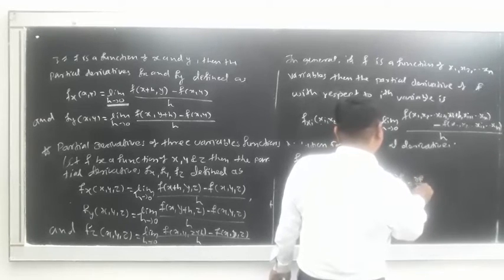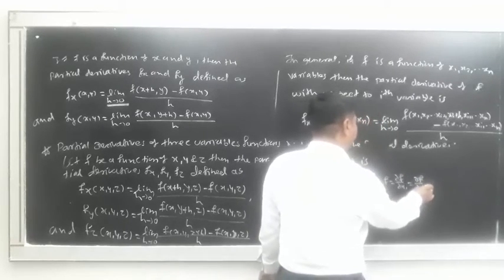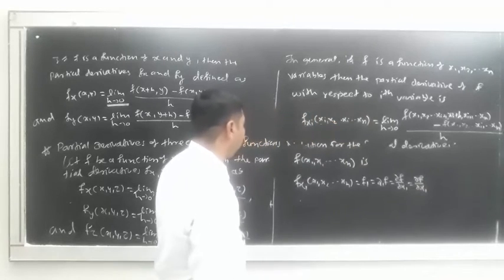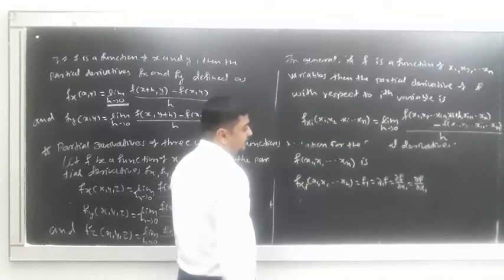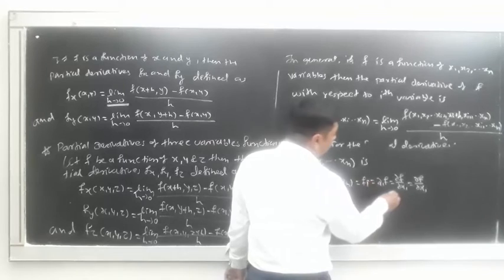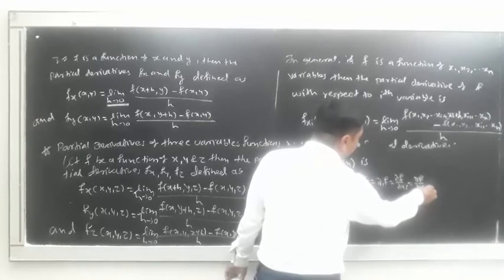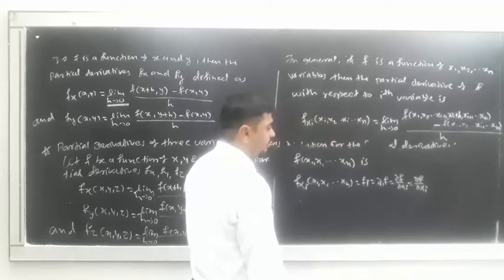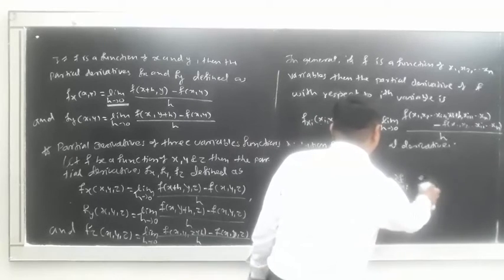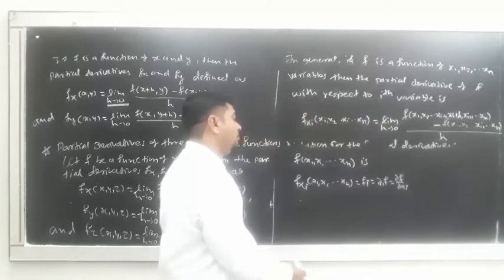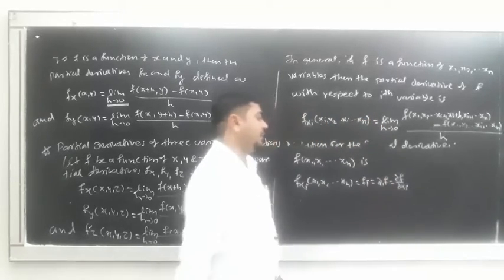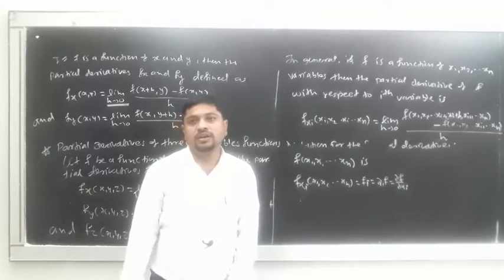Suppose we write it for the ith variable, then here is i, here is i, here is i, and here you can write xi. So there are so many ways of denoting the partial derivatives.